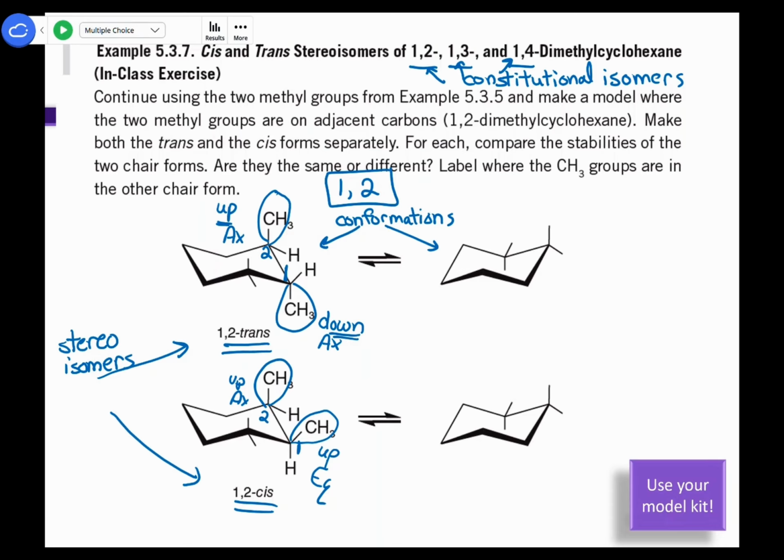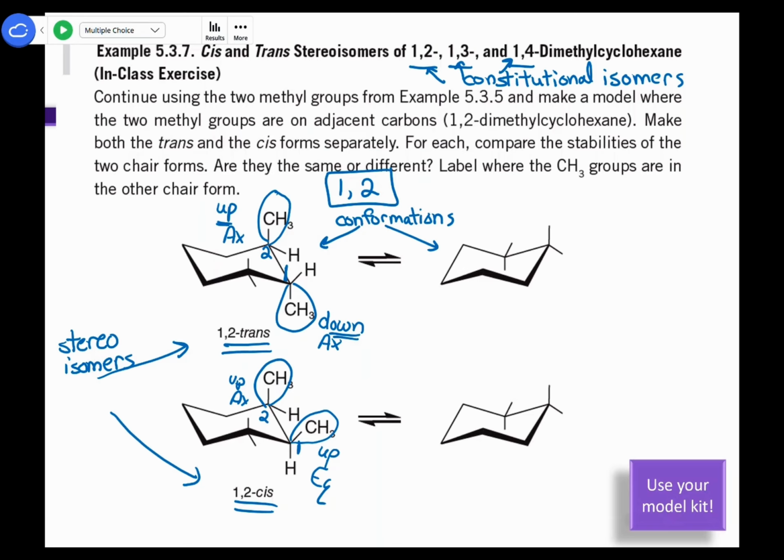Now we're going to make the molecule in the top right. I'm going to take this down triangle with carbon number 1, and I'm going to flip it up. And I'm going to take the other carbon that's opposite from my hand and flip that one down. And then I'm going to hold it just like I see in my workbook. This carbon 1, this methyl group, is still down, but now it's in an equatorial position.